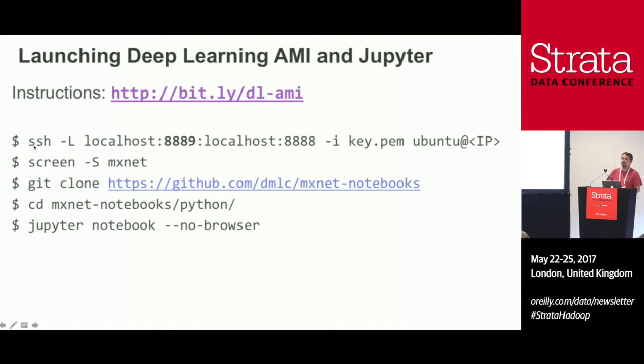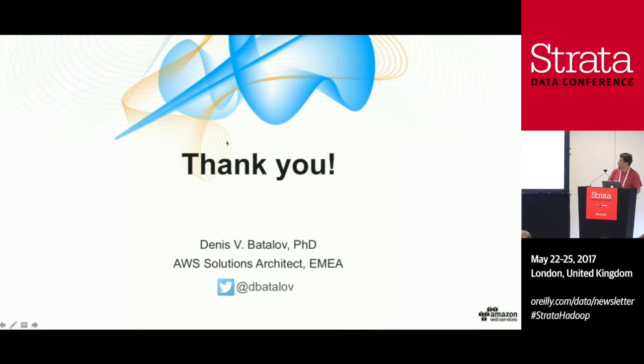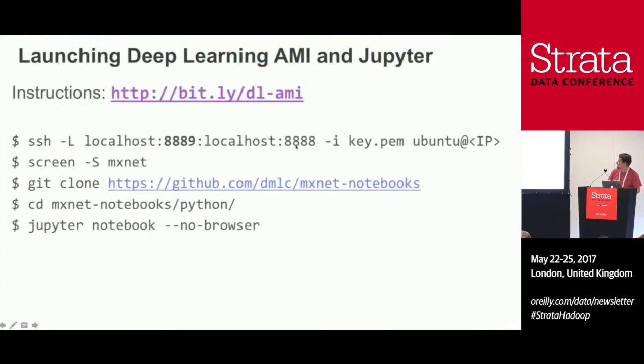Again, if you're on Windows, the instruction file that I've shared earlier has Windows instructions on using PuTTY and how to create a tunnel using PuTTY. But the key thing is that on your own laptop, the localhost, the port should be 8889, just like I was saying, whereas on the remote machine in the cloud, the port is going to be 8888.